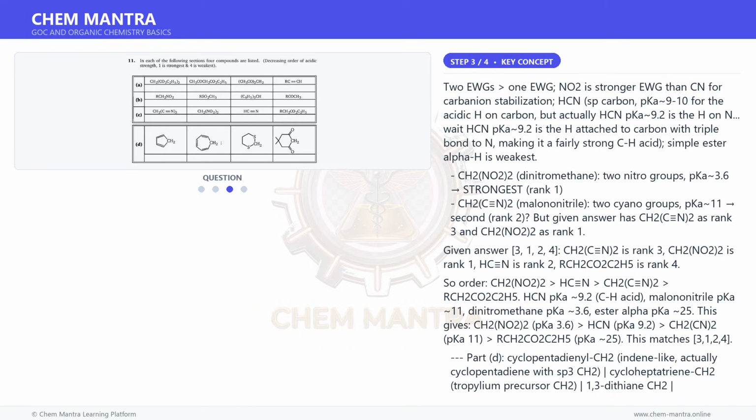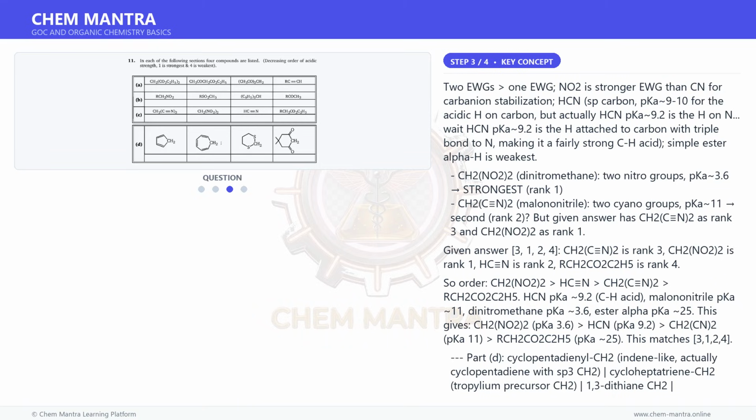But the given answer has CH2(CN)2 as rank 3 and CH2(NO2)2 as rank 1. Given answer 3, 1, 2, 4: CH2(CN)2 is rank 3, CH2(NO2)2 is rank 1, HCN is rank 2, and RCH2CO-OC2H5 is rank 4. So the order is CH2(NO2)2, then HCN, then CH2(CN)2, then RCH2CO-OC2H5.